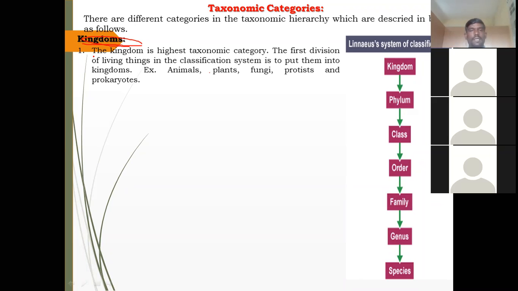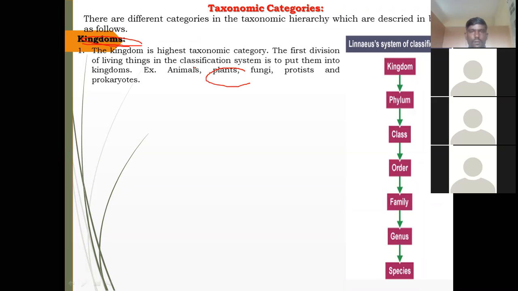Then the second one, that is green plants. They also show living characteristics, but these living organisms do not show the ability to move from one place to another place. At that time they are kept in kingdom Plantae.